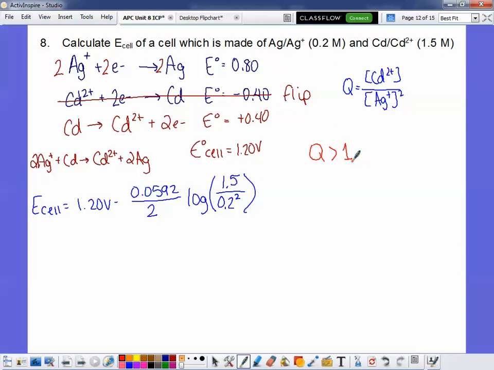So will our voltage increase or decrease? Our voltage should decrease. Okay, we'll go over the conceptual in just a little bit, but let's actually calculate it. Knowing how to calculate is something I'm asking you to do. So what do you get as the cell potential?